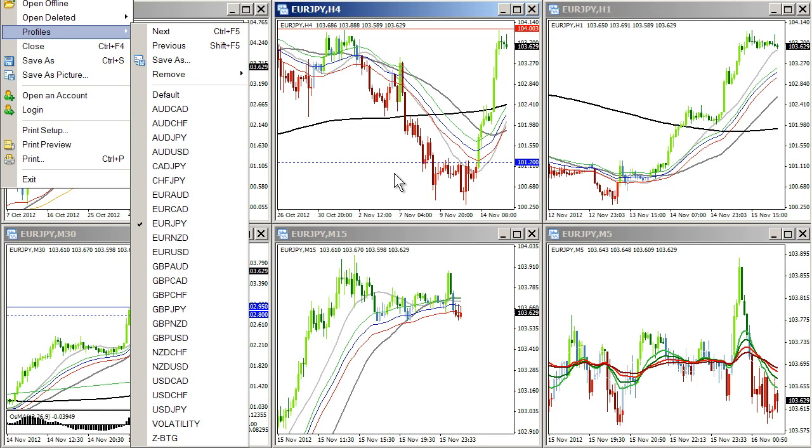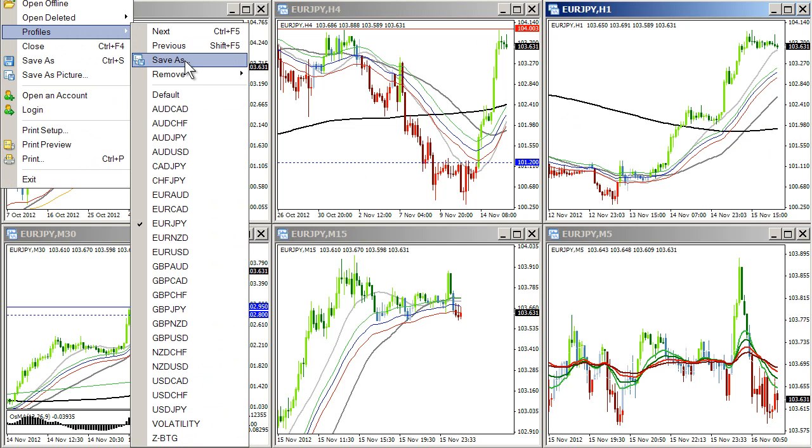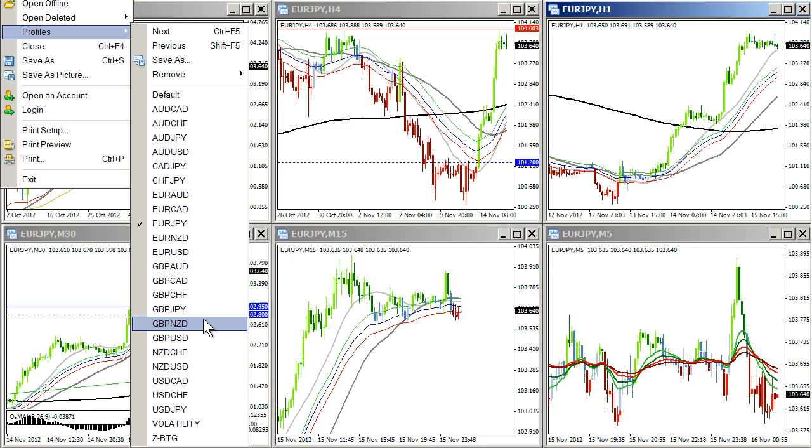I put whatever studies I want to put on them. I have them all the same symbol, as you can see. And then I go into the profiles and I save the profile. So really what I'm doing is I'm jumping from pair to pair, creating a new profile for each pair. And I have those same 6 charts set up the same way, same template, so I can jump from chart to chart. So those are individual profiles.